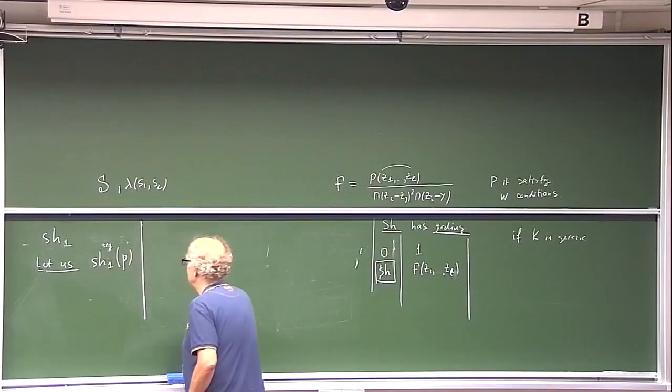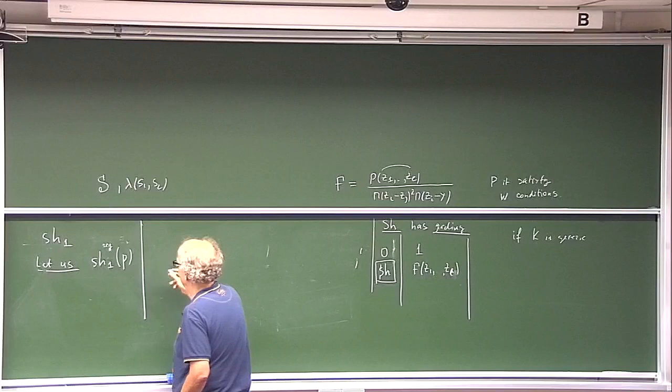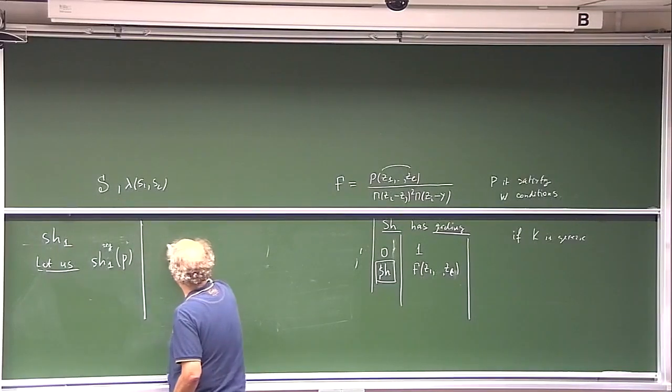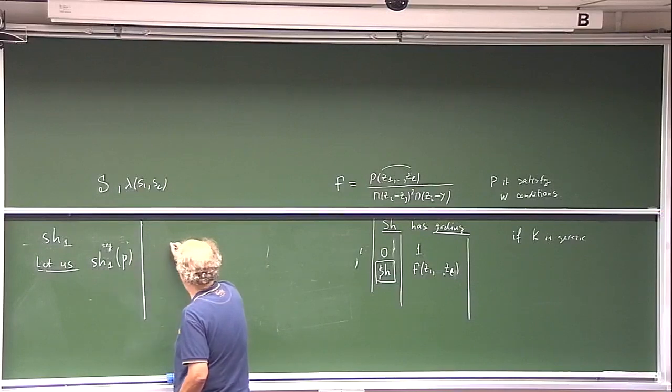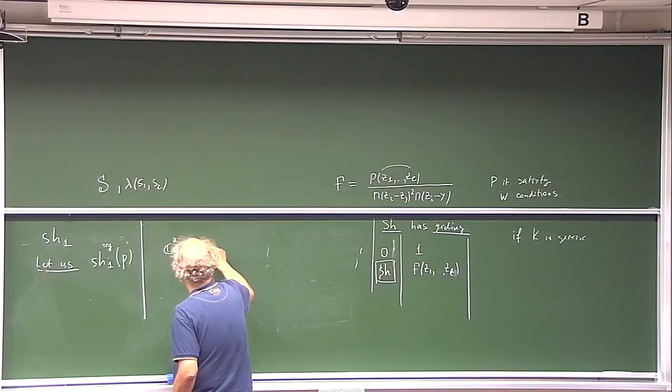And now let us do the following. I want to consider a bigger space than here. I want to take C star and add 2 points, P1 and also P2.